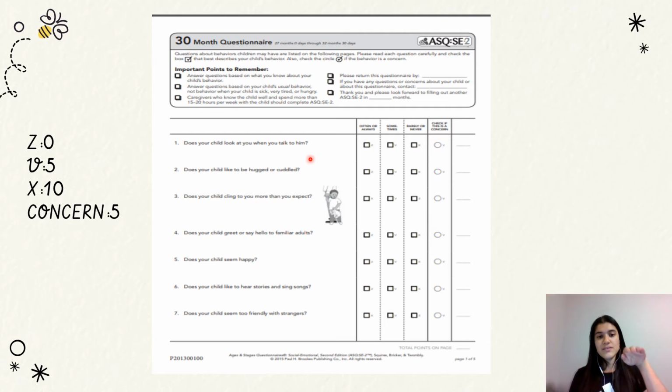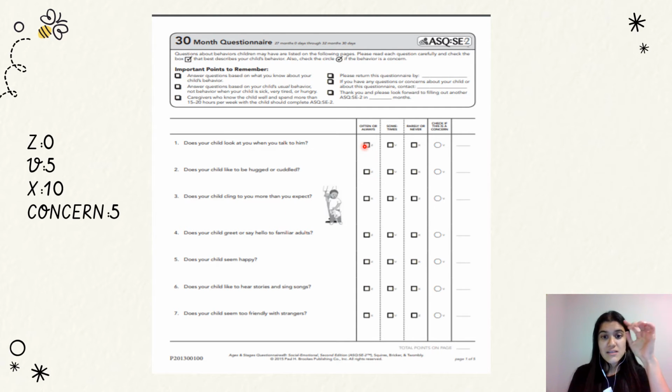The first question says, does your child look at you when you talk to him? So we have different options to click there. The first one is often or always. The second one is sometimes. The third one is rarely or never. And the fourth one is that the parent has some concerns about it.